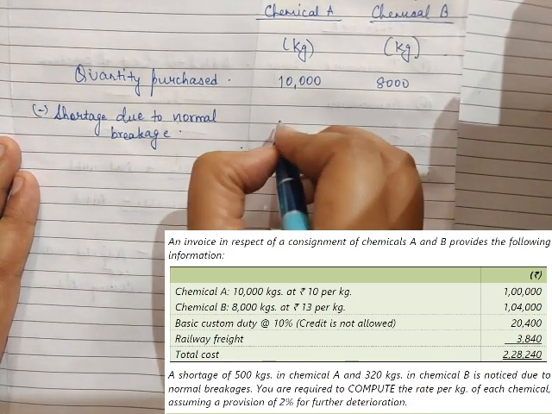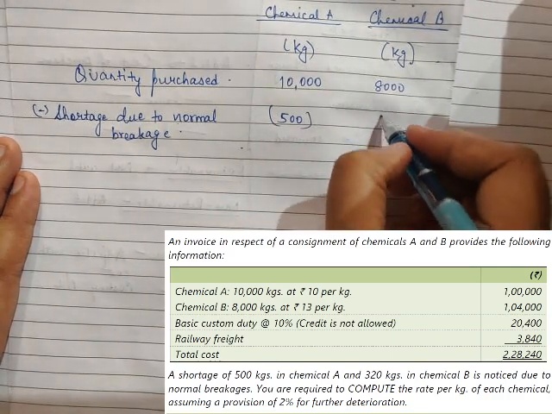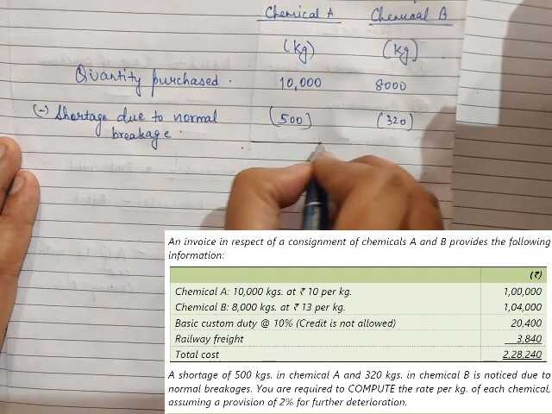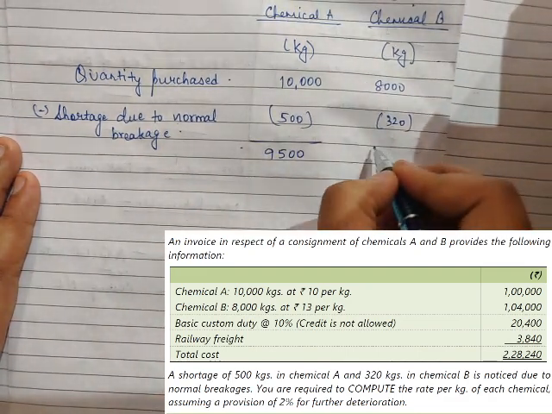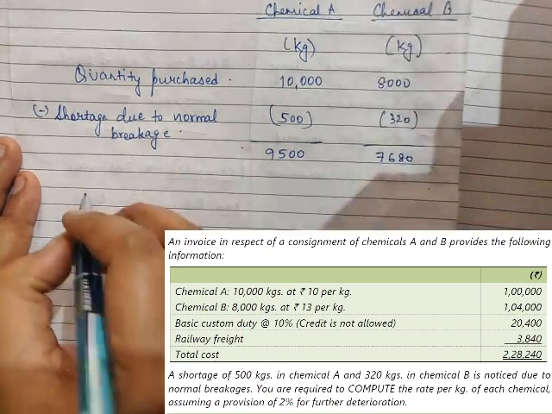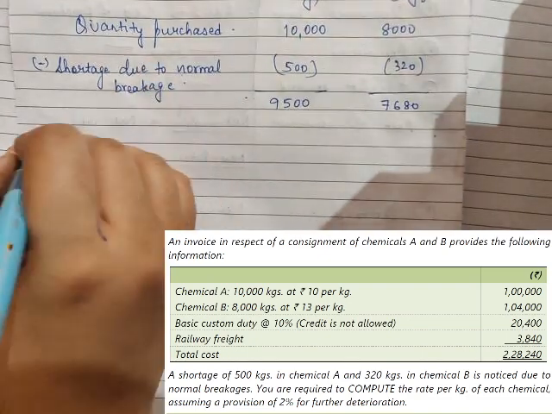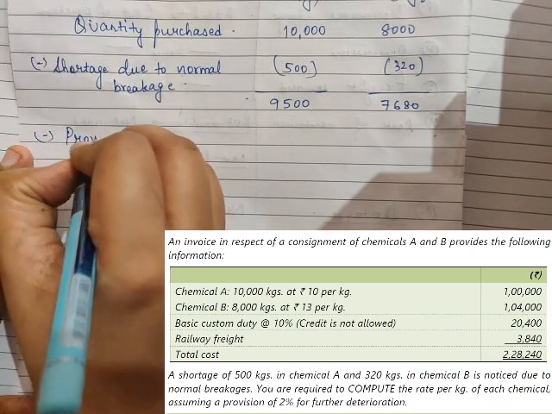For chemical A, it is given in the question as 500. For chemical B, it is given as 320. So we have the net quantity of chemical A 9500 and chemical B 7680.